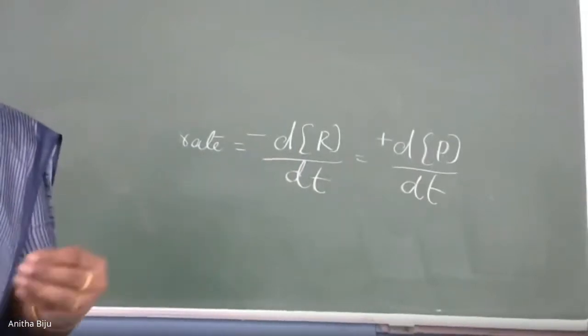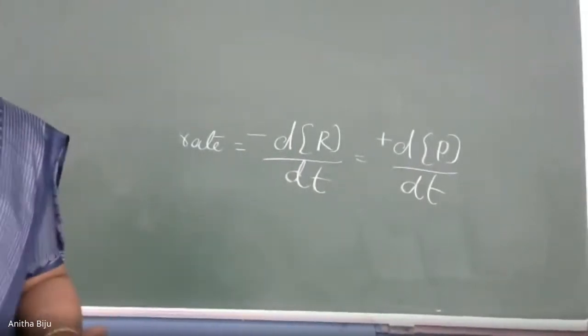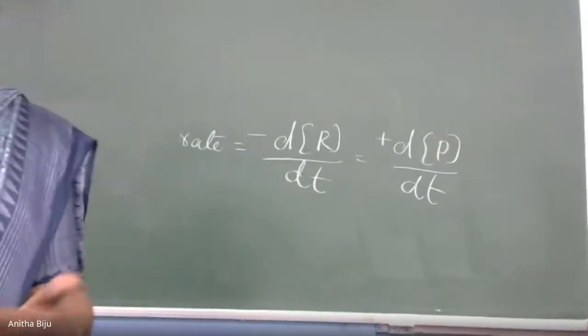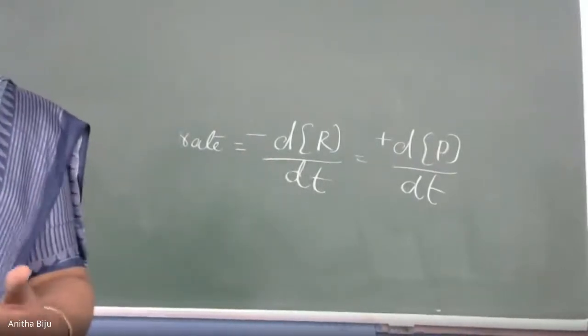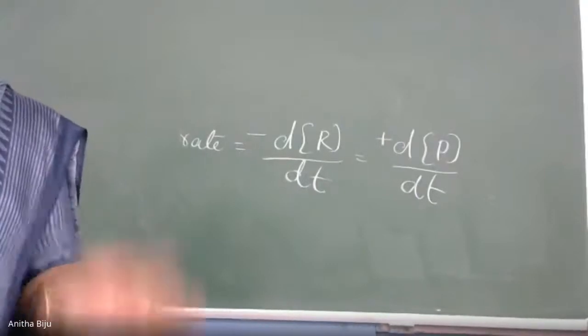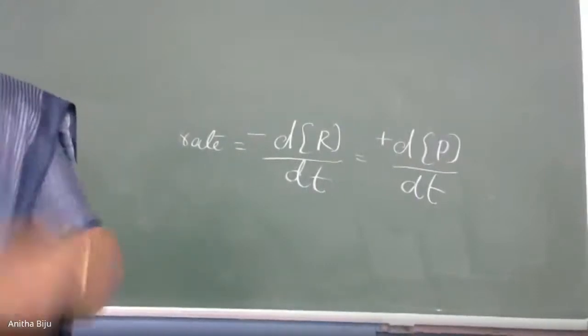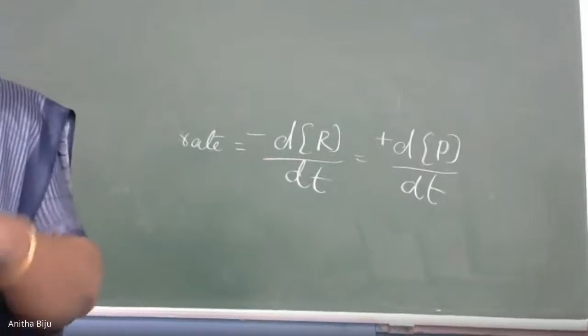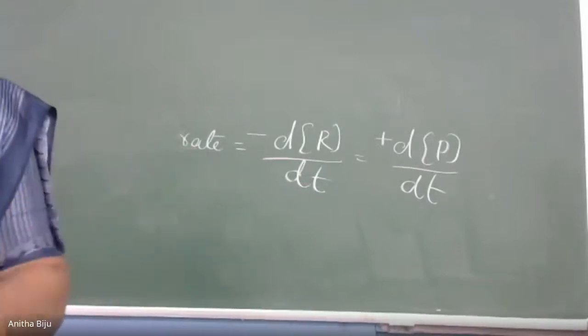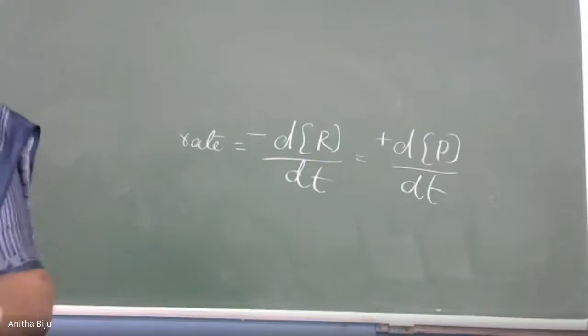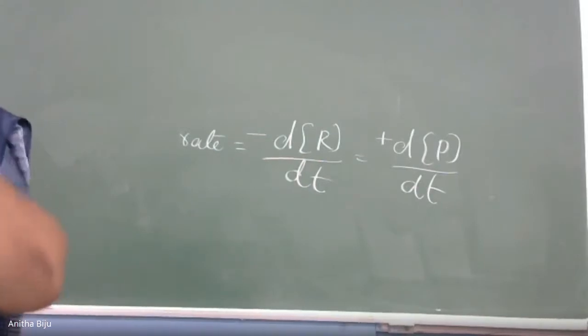Now let us focus on a specific reaction and see how to express the rate of a chemical reaction in terms of products and reactants. Before that, I'll give another equation, generally known as the general expression for a reaction.